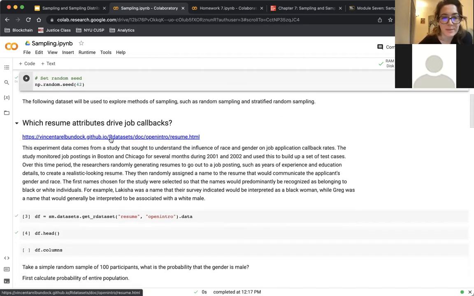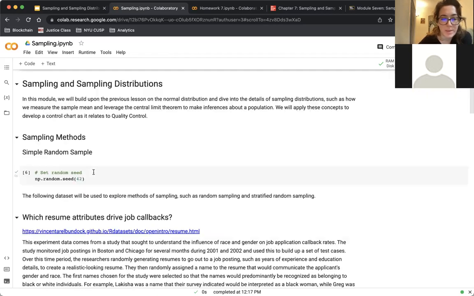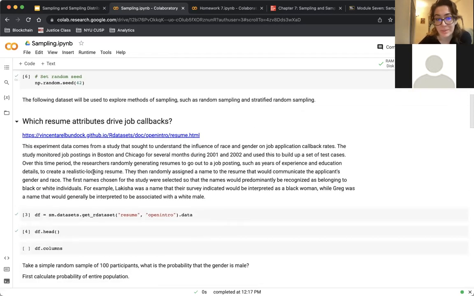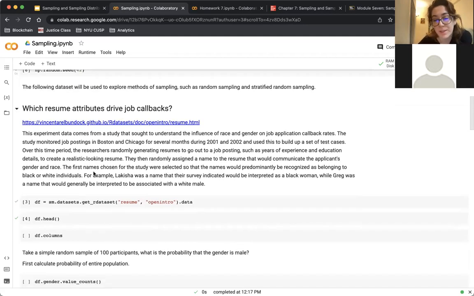And I found this data set from this SM package, this statsmodels, that I thought would be interesting just to explore a little bit, because it was a case study or an experiment that sought to understand the influence of race and gender on job application callback rates.